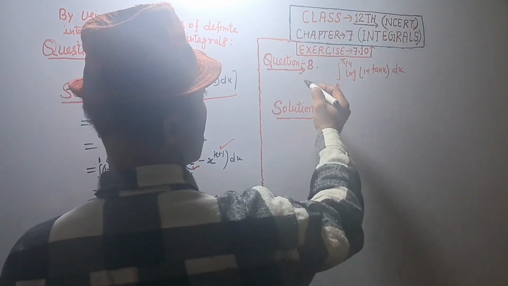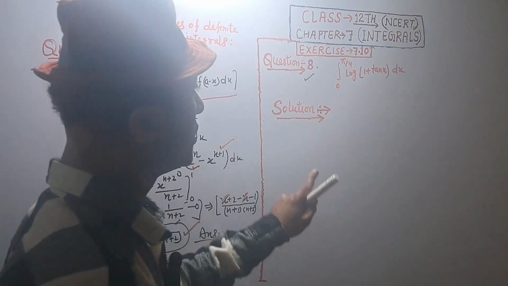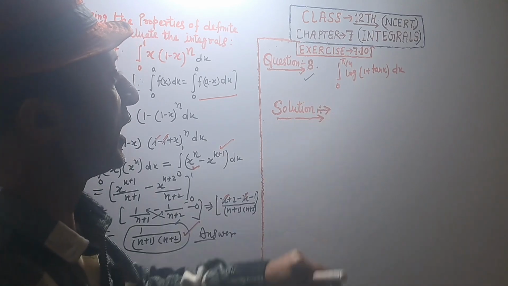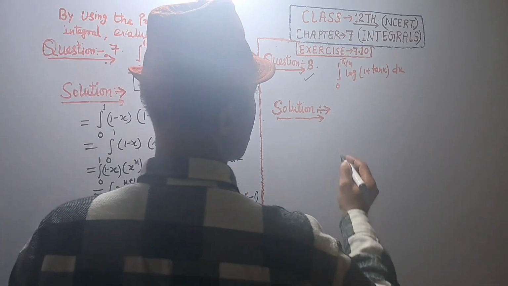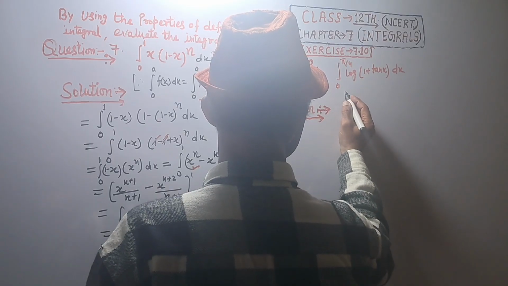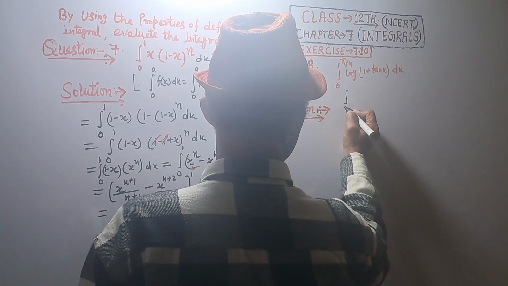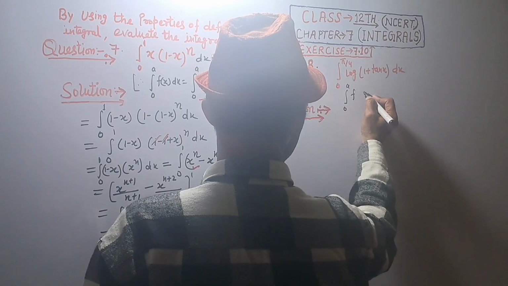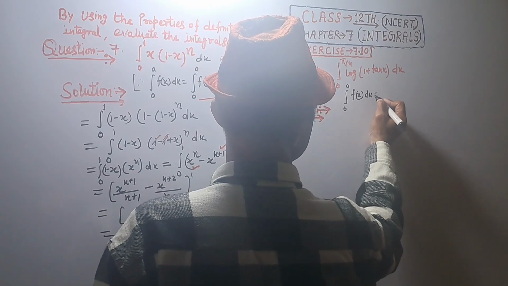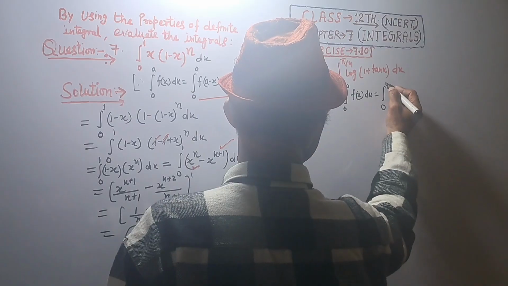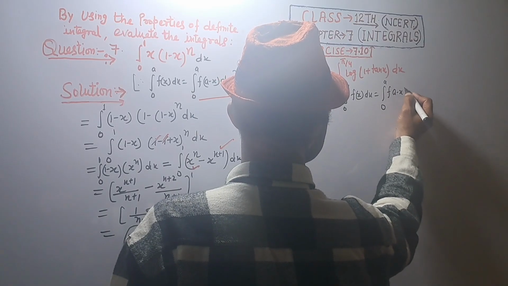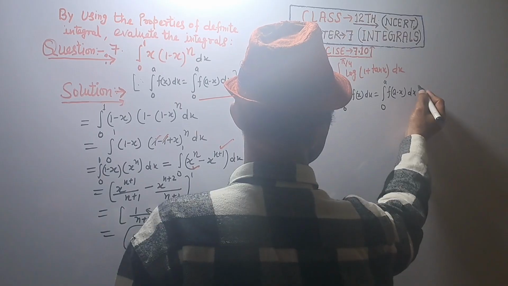Answer. Question number 8. Integration 0 to pi by 4 of log of (1 plus tan x) dx.